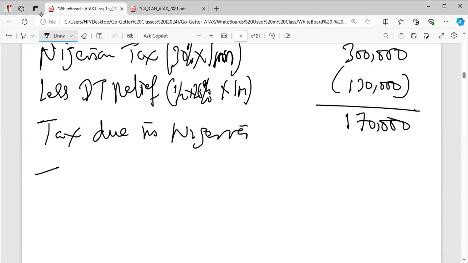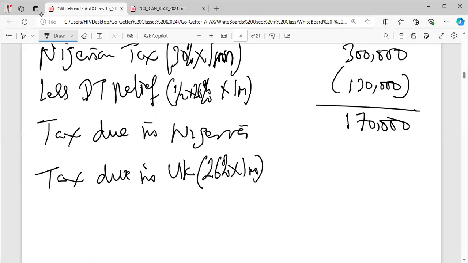Then tax due in UK is going to be 26% of 1M, which is 260,000. When you add them together, 7 plus 6 is 13, 2 plus 2, 4, 430,000.